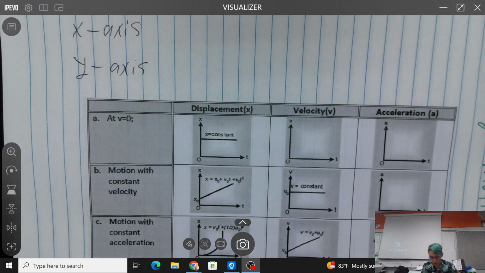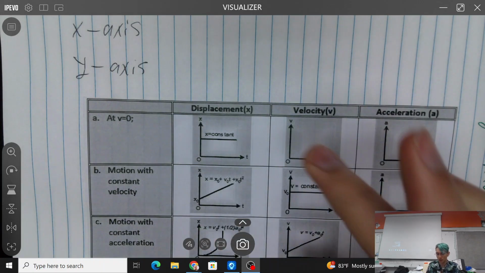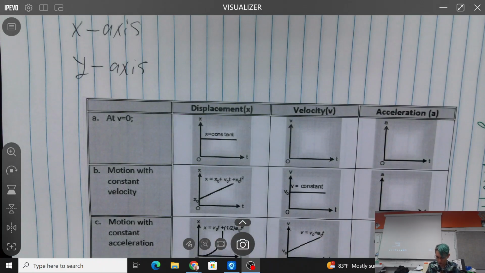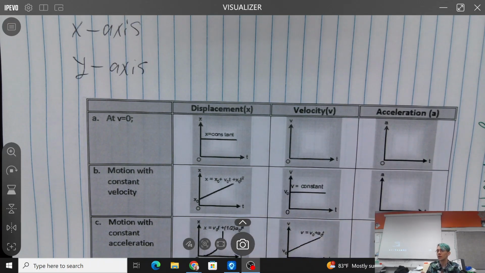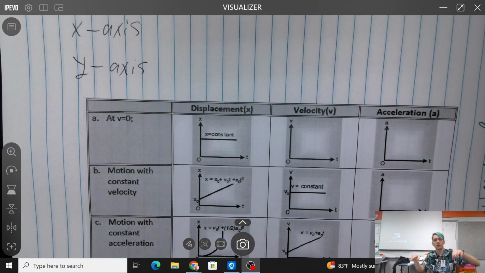So there's displacement versus time graphs, velocity versus time, and acceleration versus time. These are all for the same thing. If velocity is 0, there's no velocity, it would just be 0 the whole time, and acceleration would be 0 the whole time, because acceleration is the change in, once again, change in velocity over time.